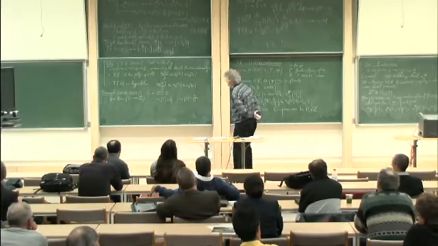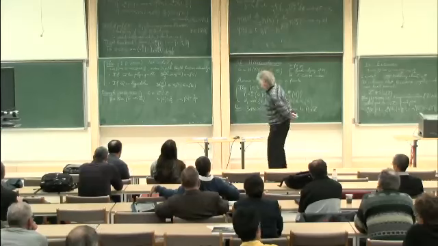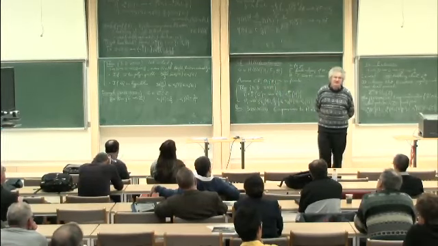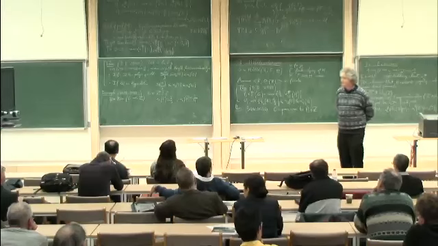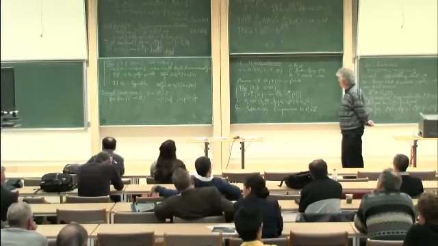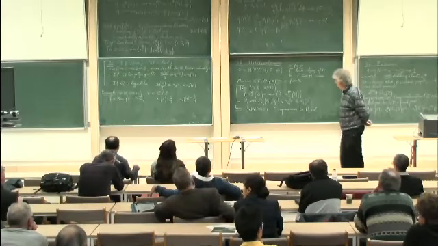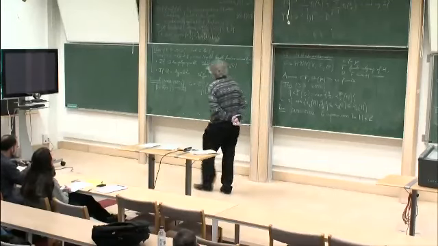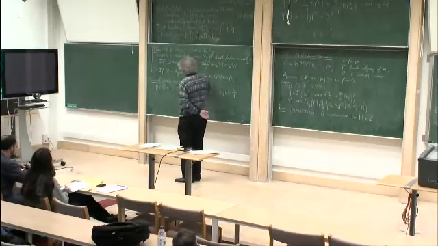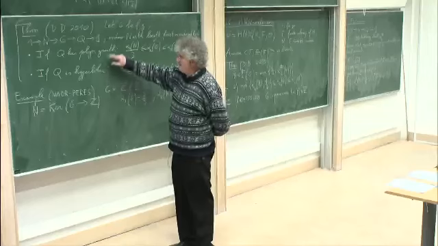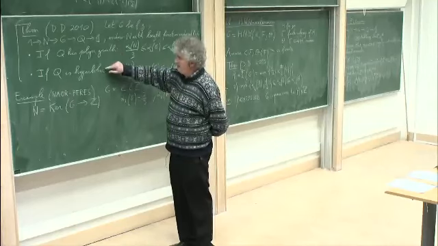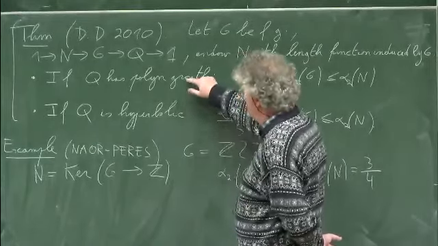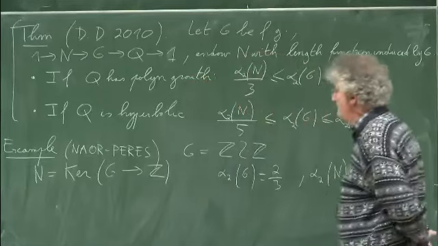Dennis didn't really try, but I think that his method can be pushed at least a little bit. Maybe I should say that these are two cases where we know that the L2 compression is exactly 1, both for polynomial growth and for hyperbolic groups.